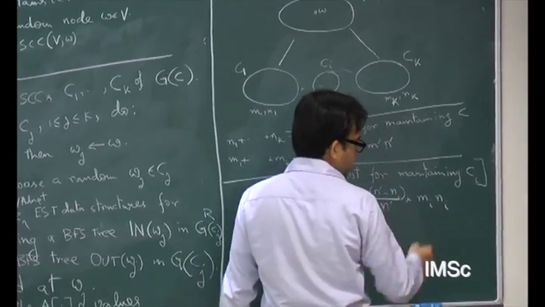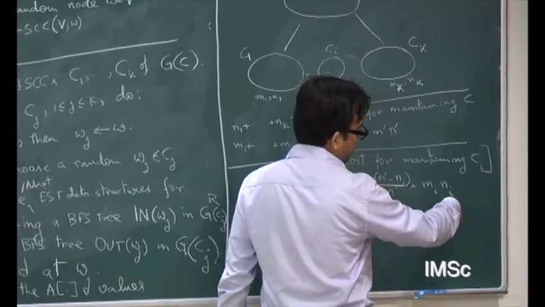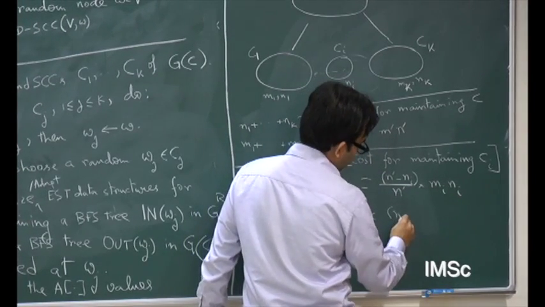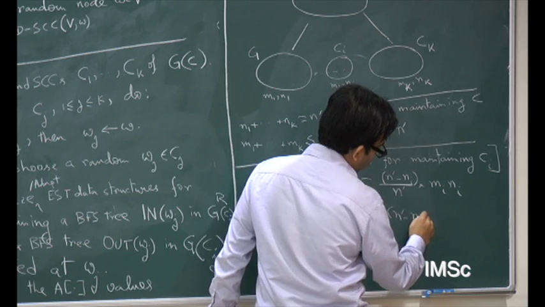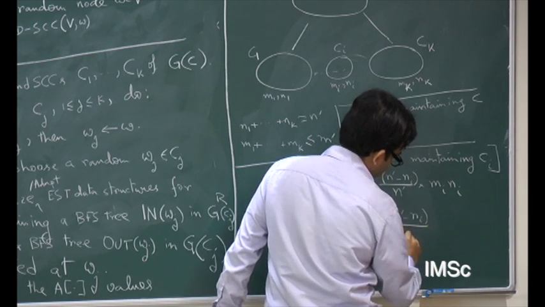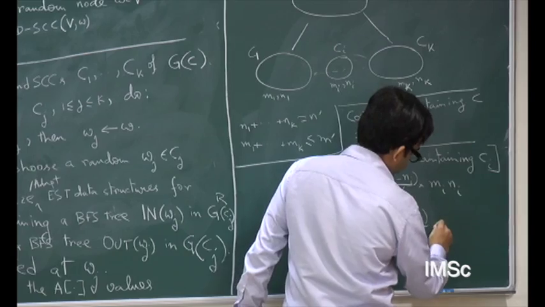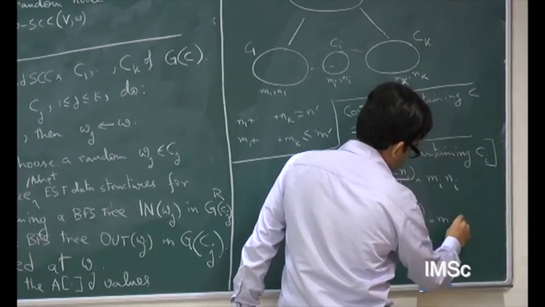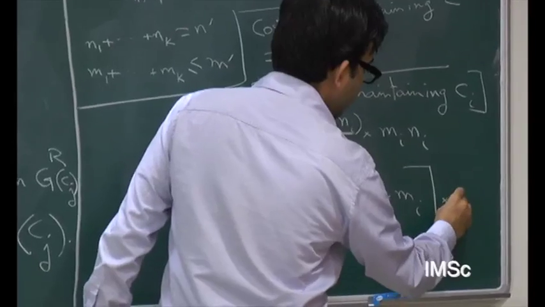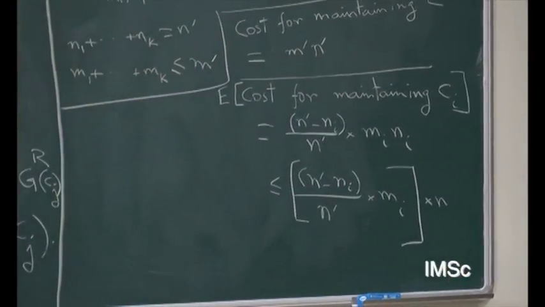We will see later on that it is okay if we just replace this Ni by N. Okay. So, just take this thing on faith. So, we can upper bound this cost by this. So, N is the upper bound on the number of nodes.